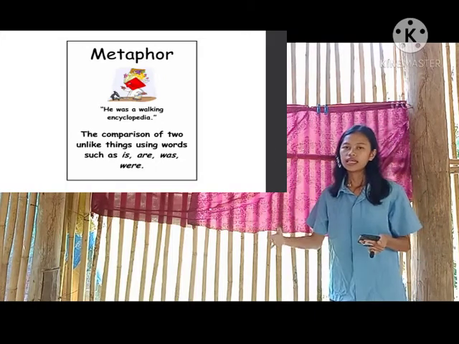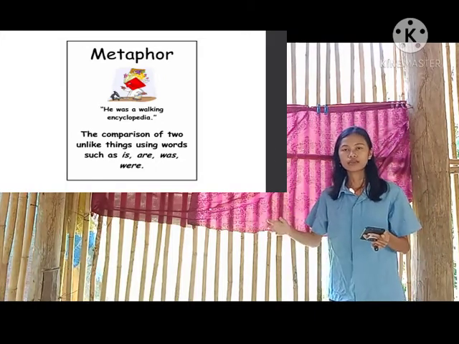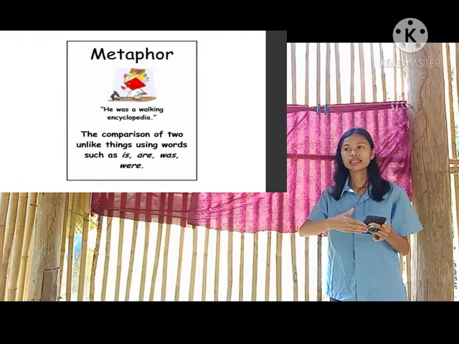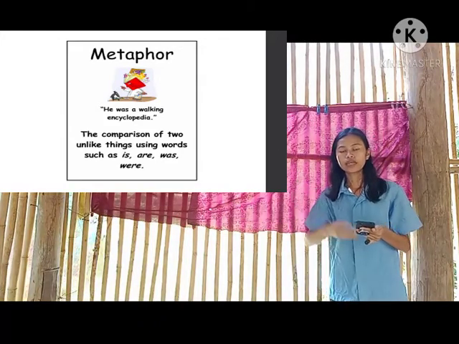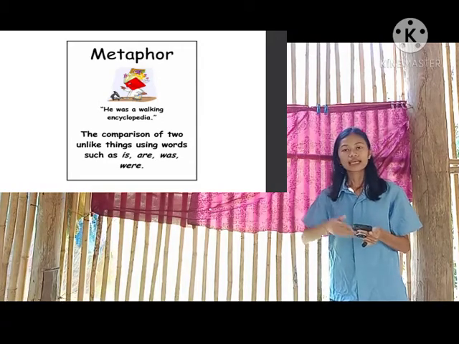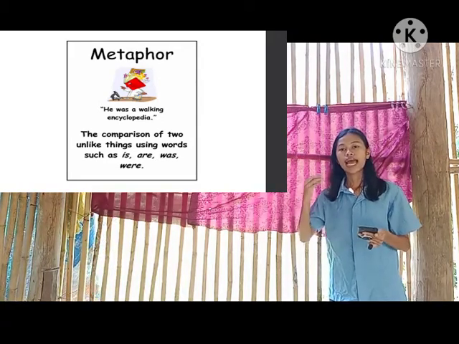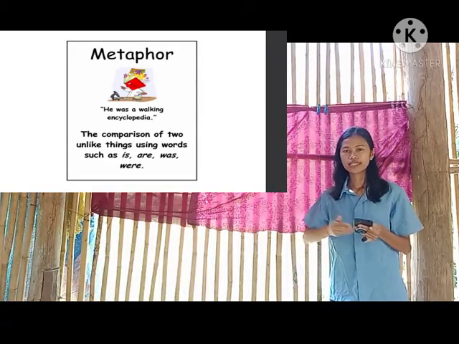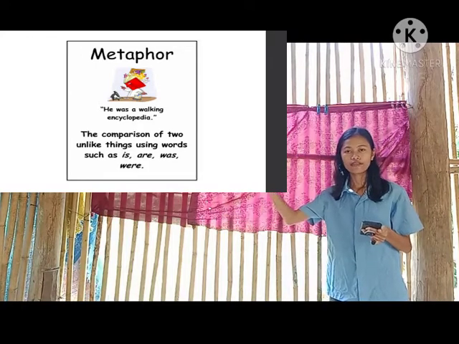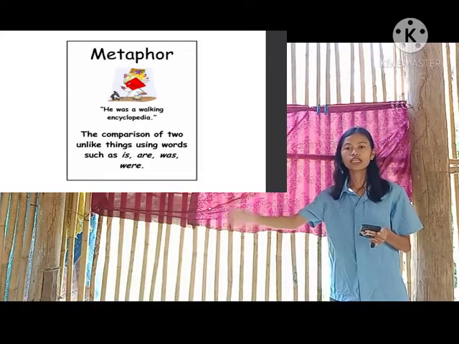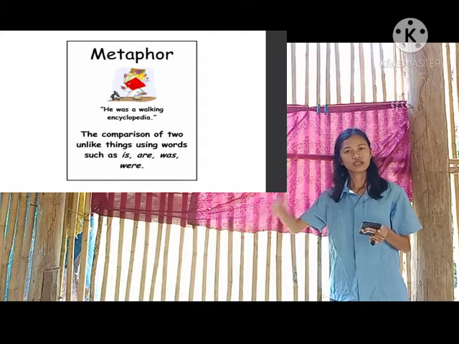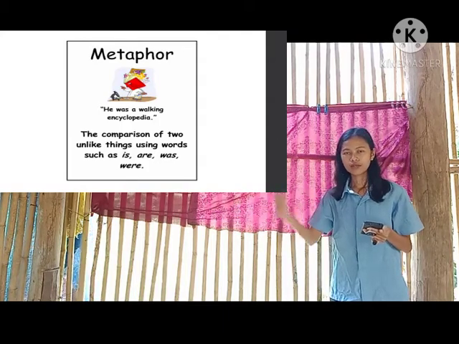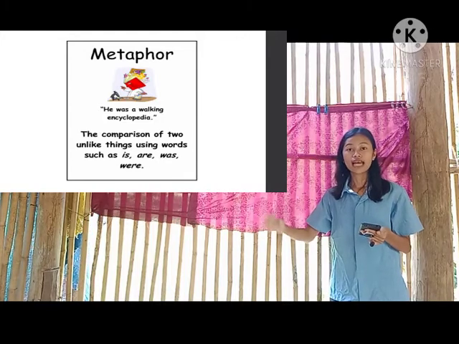So here, there is a comparison between the person and the encyclopedia. And if we decode the meaning, it says that this person is a genius. Because in an encyclopedia, we can find a lot of information. So I guess the person here is a genius.